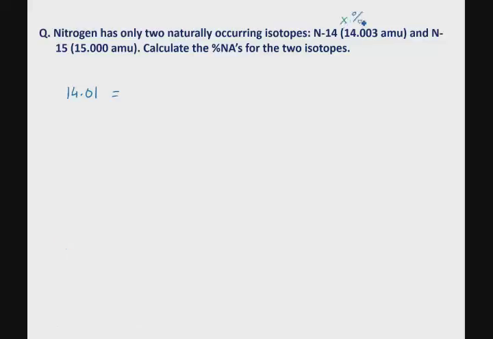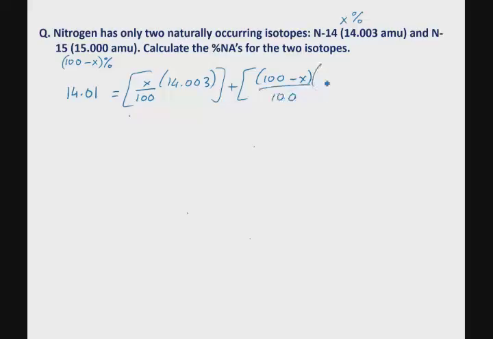If this is X percent, what would be the natural abundance of the second isotope of nitrogen? Absolutely. Please remember the total percent has to be 100. So the percent natural abundance for the second isotope, if there are only 2, would have to be 100 minus X percent. Plugging these into the equation we used, we get X divided by 100 times 14.003 plus 100 minus X divided by 100 times 15.000.